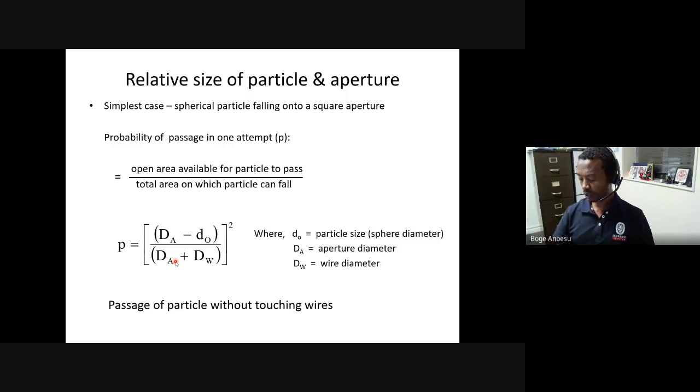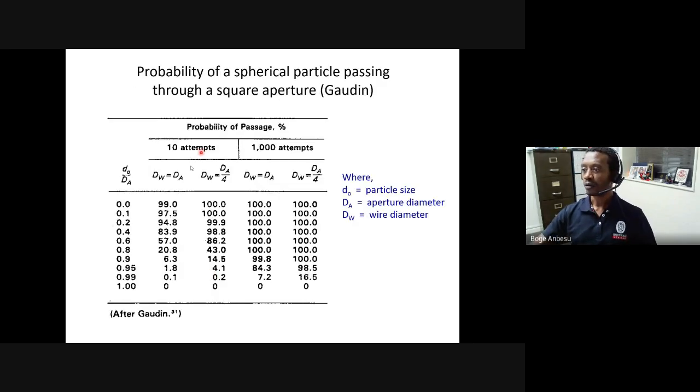But if we're just focusing on particle size and aperture size, I'll talk about this table here. As I was saying earlier, if particle size is very close to aperture size, probability of passage is reduced significantly. And that was actually shown in a study many years ago, where, in this case, particle diameter was compared relative to aperture diameter.